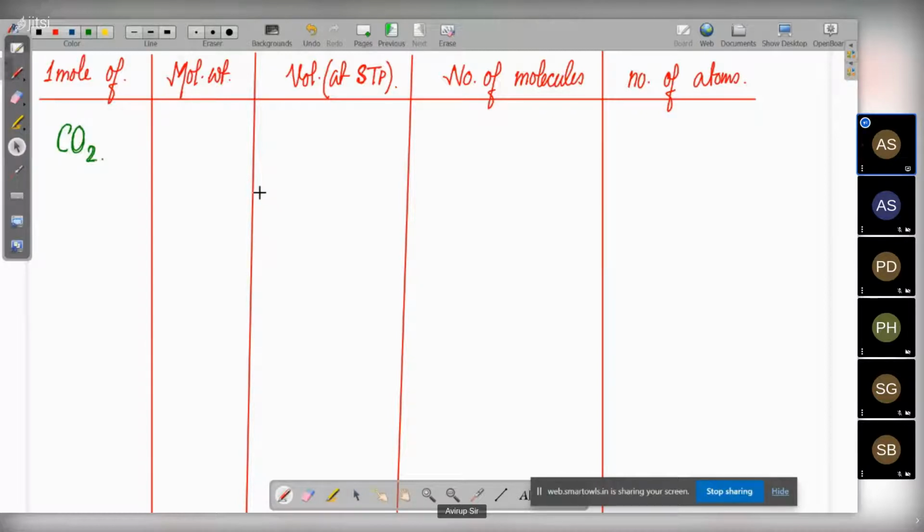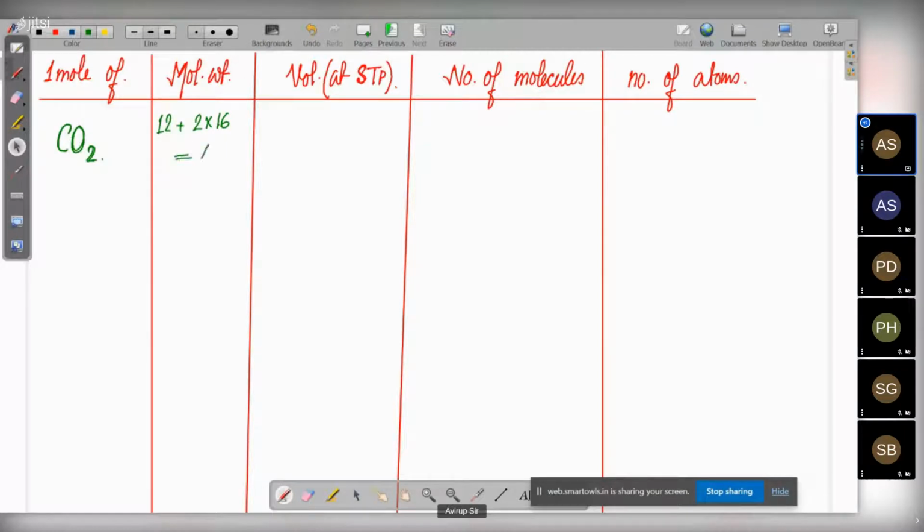It is basically 12 plus 2 into 16. You have to remember all these atomic weights. So that is equal to 44.